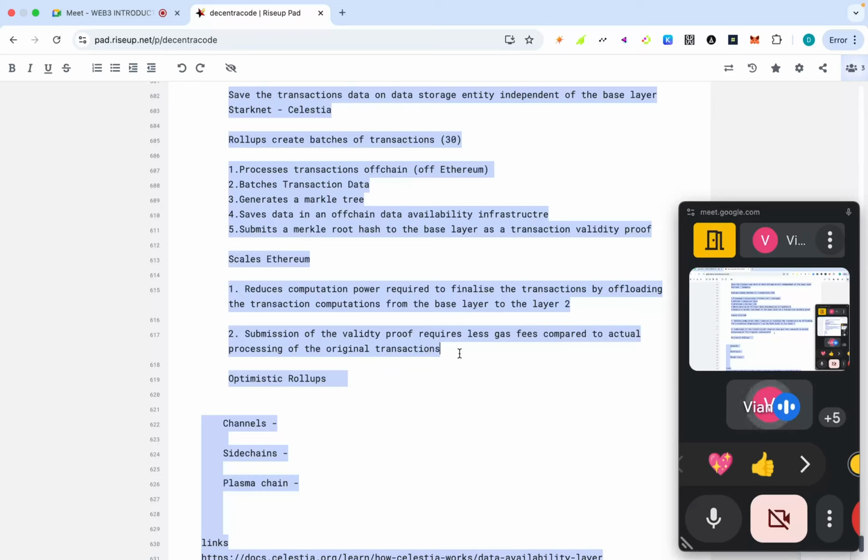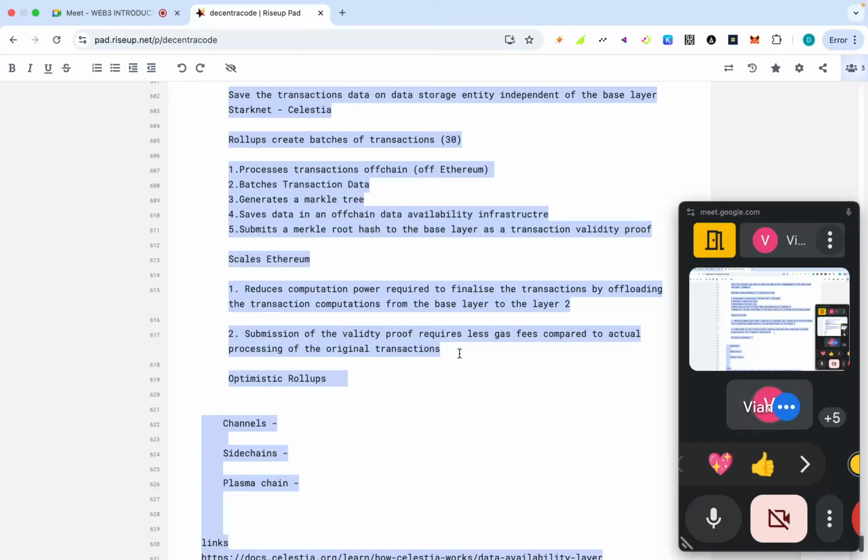Now, layer 2 solutions, most of them are designed to be architecturally less expensive. We won't look at the architecture of Starknet, but that is just a fact. They're designed to be architecturally less expensive compared to the base layer like Ethereum. So how they prove their data, how they validate information is technically different, computationally different from how Ethereum does it.